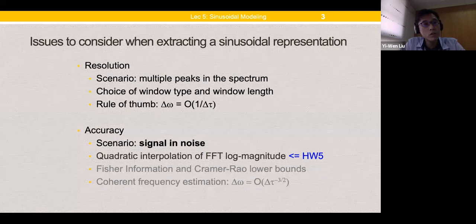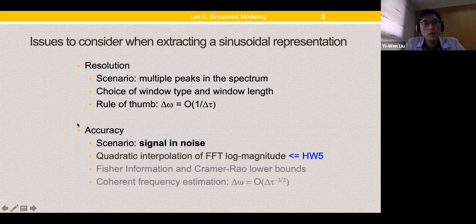One is the issue of resolution. The other is the issue of accuracy. At least within the scope of this course, these are two different terms and they have different meanings. Resolution in Chinese would be 解析度, and accuracy is 精确度, how accurately you can estimate the parameters.